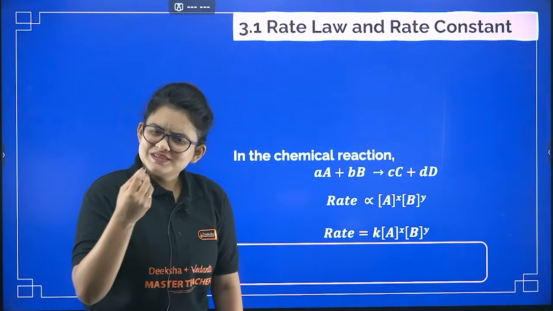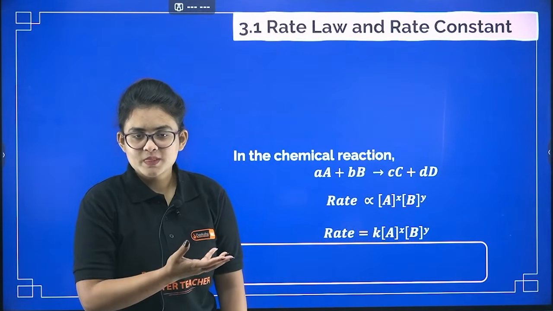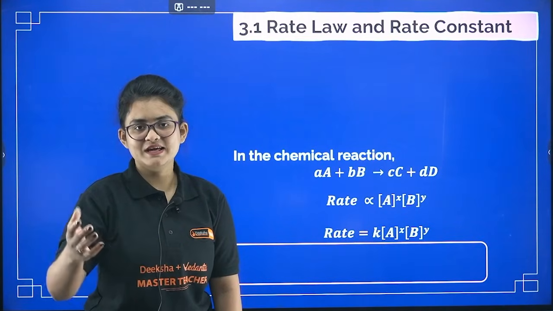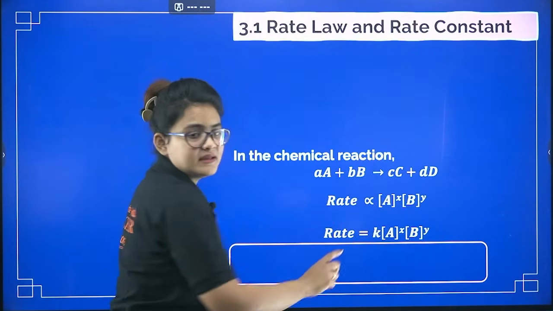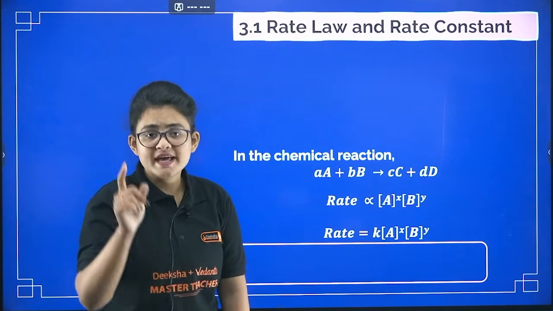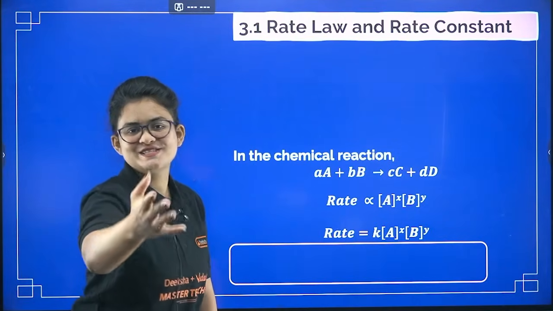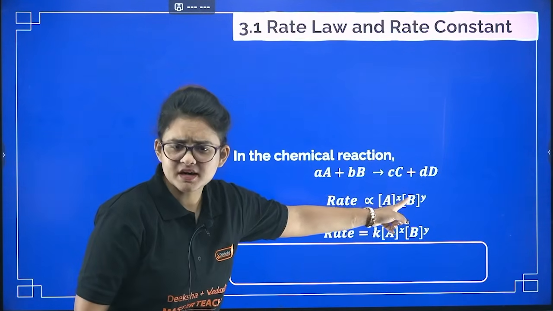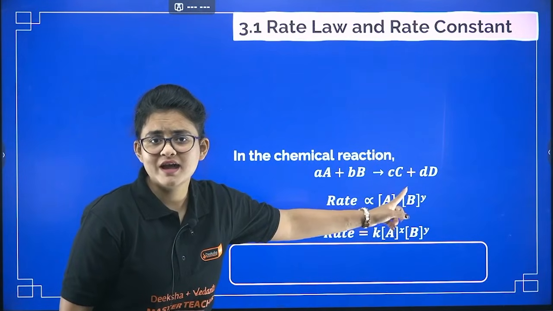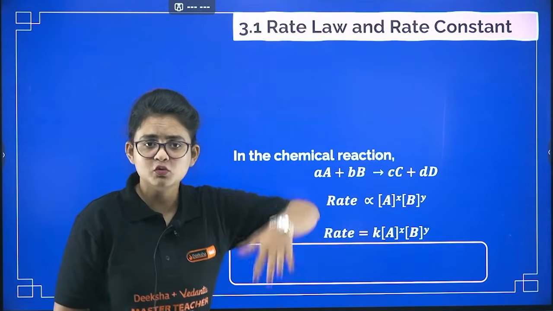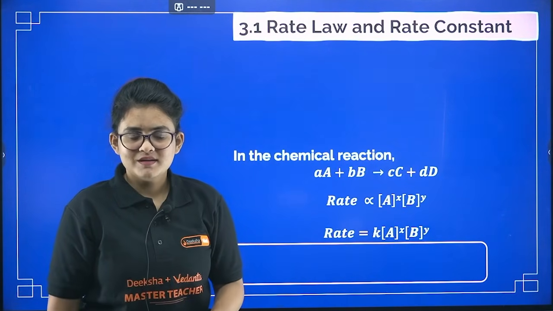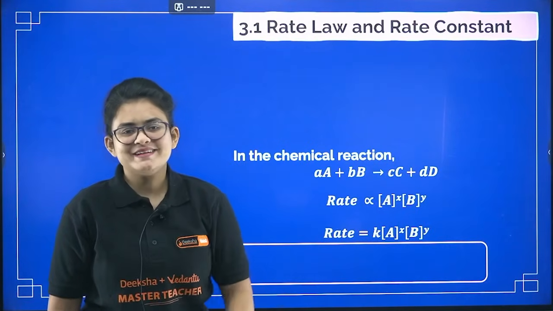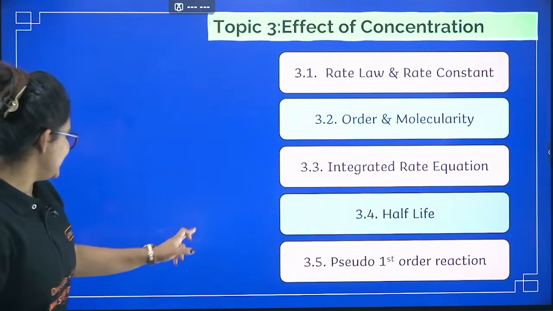That's the reason I'm telling you these x and y terms are experimentally defined. I'm increasing the concentration of the reactant B two times, but it's not affecting the rate.